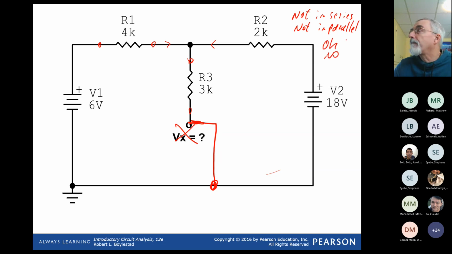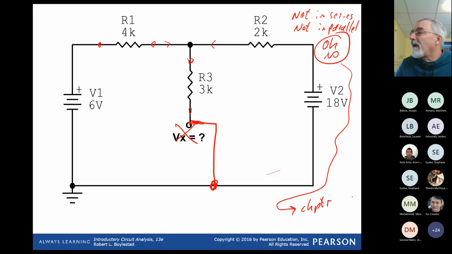Oh no. We are in chapter 8 and 9. Chapters 8 and 9 deal with circuits where the resistors are not in series and they are not in parallel. Maybe we don't want to think about that quite yet.